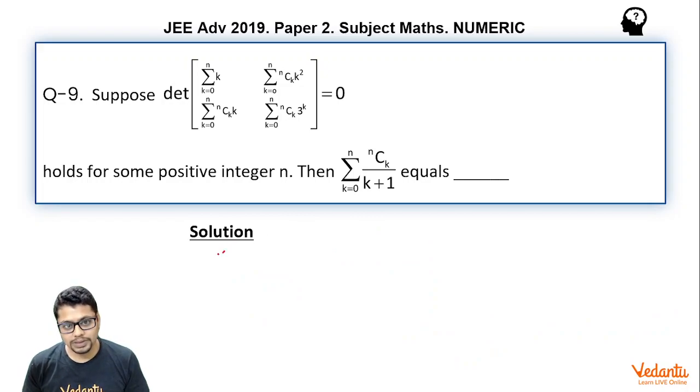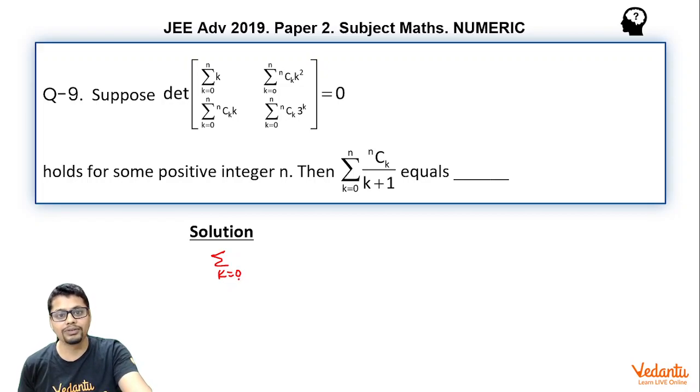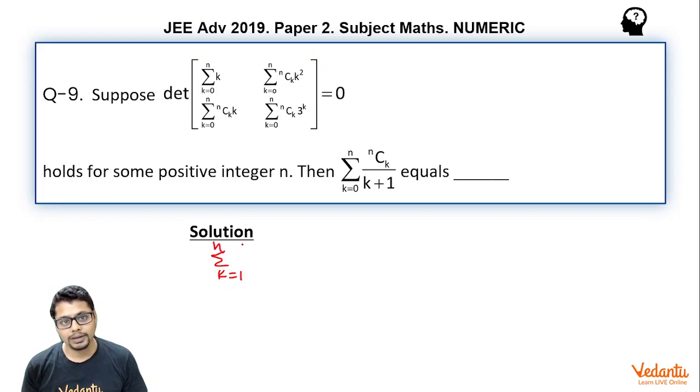So sigma k equal to 0 to n, nCk times k. Here you may avoid 0 because anyway it will give you value 0. So we may take the summation from k equal to 1 to n. Now nCk is essentially n factorial divided by n minus k factorial, k factorial, but then when multiplied by k, I can write this as k minus 1 factorial.